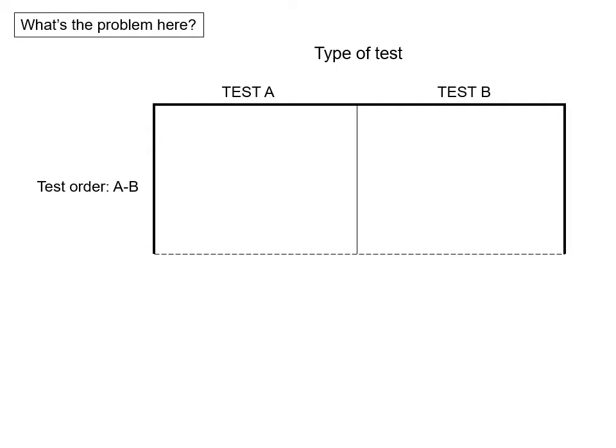Okay, so for the order effect, you can think of it as, let's say you have a chemistry test and you have a psychology test on the same day. So over here on the top, the test order is that you did test A first, followed by test B. So let's say test A is chemistry. So you did the chemistry exam first, and then you had the psychology exam.